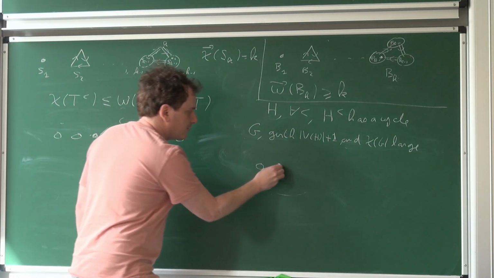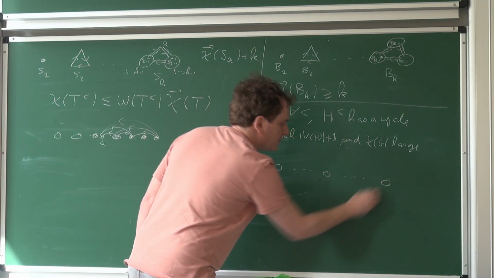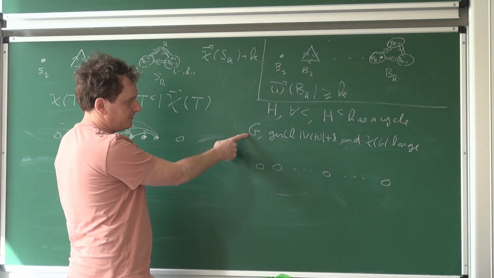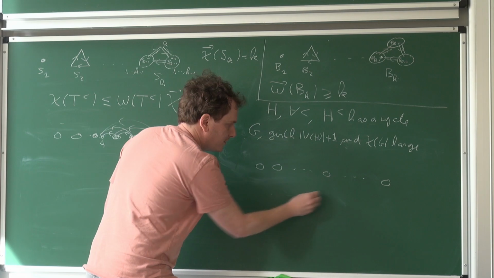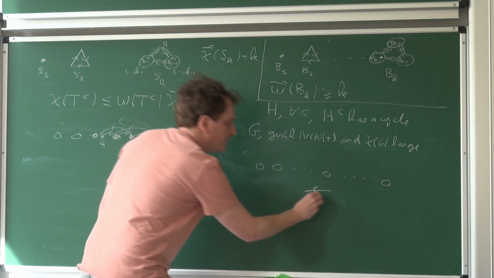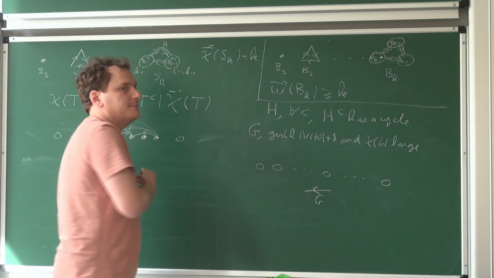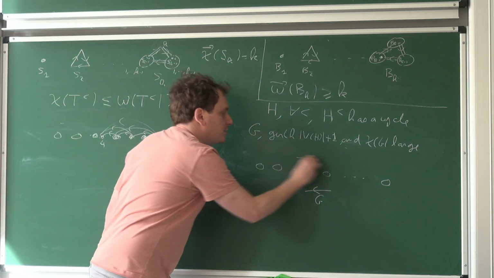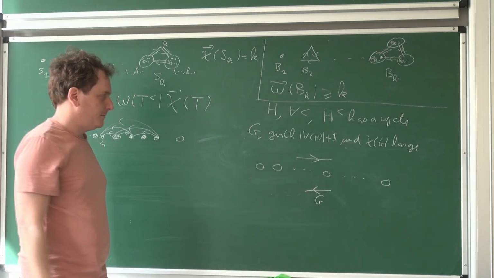Now, put any ordering on the vertices and transform this graph into a tournament in the usual way. The edges of G you orient backward, and for each non-edge you add an arc that goes forward.